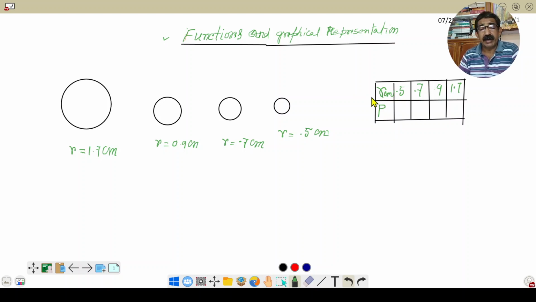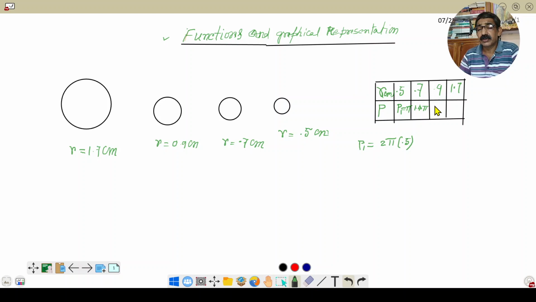So for different values of R, we will get different peripheries. Suppose the periphery or circumference of the smallest circle is equal to P1. You may calculate it. P1 would be equal to 2 pi into 0.5. That is equal to only pi. Similarly, it is 1.4 into pi for this circumference, length of the circumference.